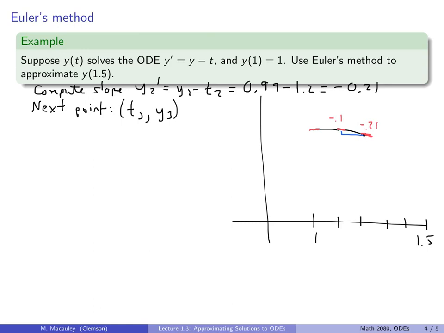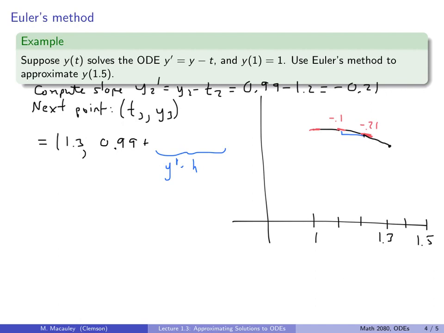So then my robot goes forward, and it stops when it is at 1.3, and that's the point that I want to be computing right here. Let me write it below. The t value is obviously 1.3 because we just move over. And then the y value, remember that's the old y value, which is 0.99. And then remember what we have to put here. We need to put y prime times h.